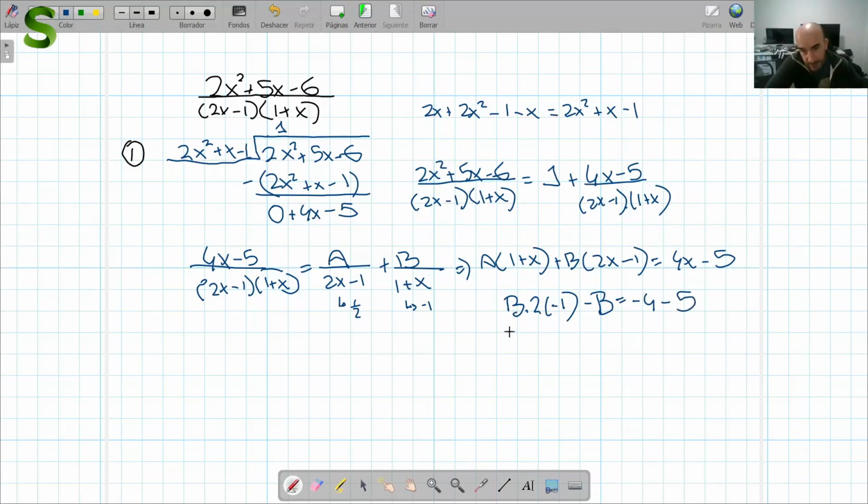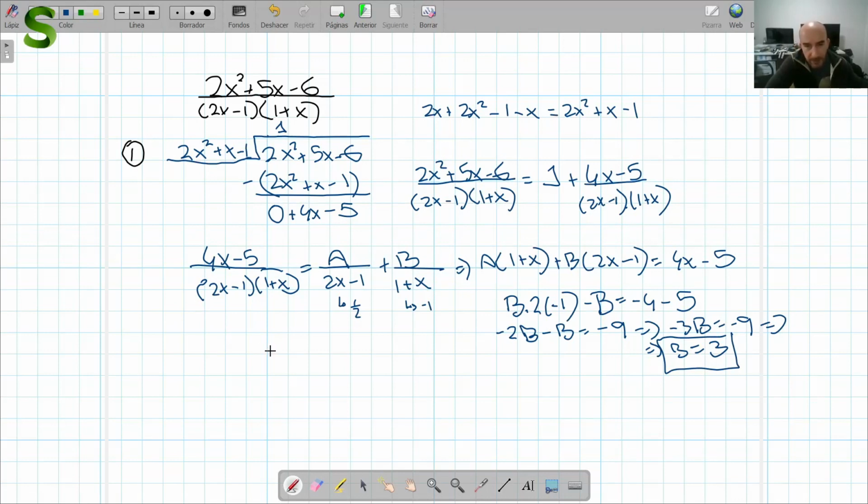So that means minus 2b minus b equals minus 9, minus 3b equals minus 9. So b equals 3.